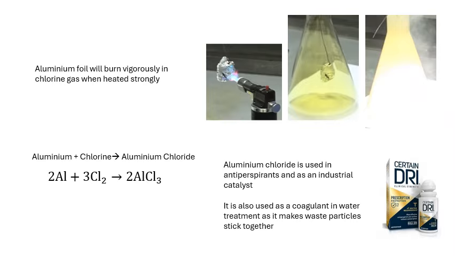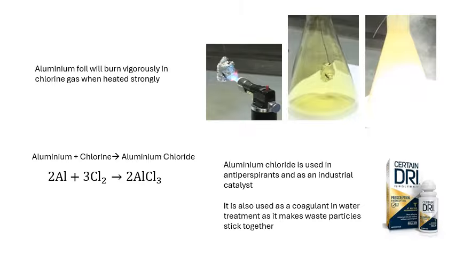Aluminium foil will burn vigorously in chlorine gas if you heat it up strongly. So there's some aluminium foil, get it really, really hot, put it in the chlorine, and yes, reaction. There's the equation. Aluminium chloride is used in antiperspirants and as an industrial catalyst.